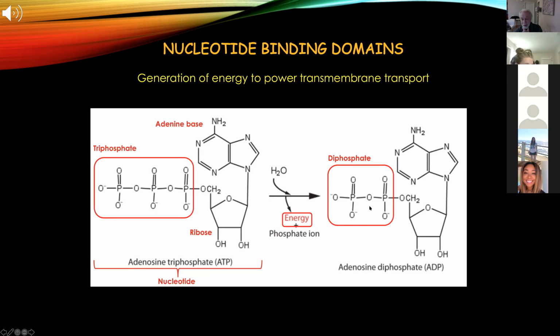And you end up with ADP, adenosine diphosphate. So when it refers to a nucleotide binding domain, it's referring to the adenine base being hydrolyzed to the diphosphate form with the release of energy. And what is that energy used for?